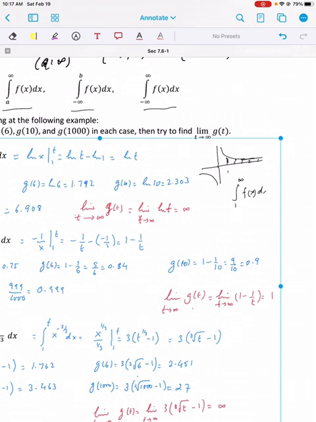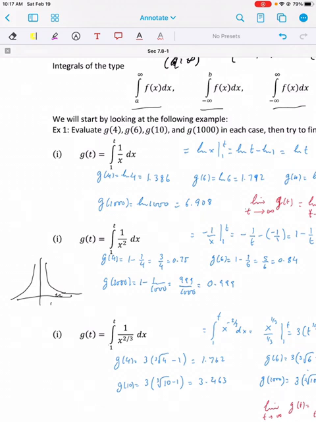And in the last case, we have 1 over x to the 2/3. Again, the function will have one piece over here and one piece in the third quadrant, but it has a vertical asymptote at 0. But we are talking about the integral from 1 to infinity.